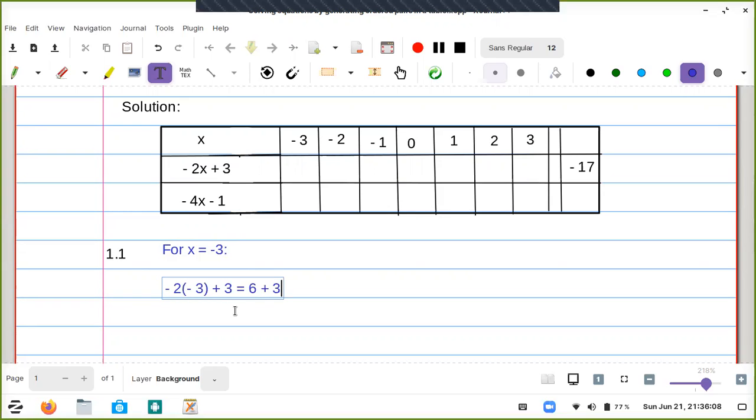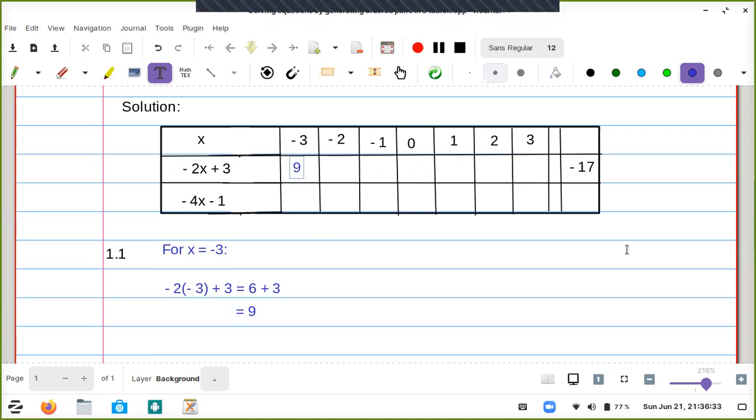Then we say 6 plus 3, we come up with what? With 9. That's our final answer. So we complete it by entering 9 here. We are done with the first one.